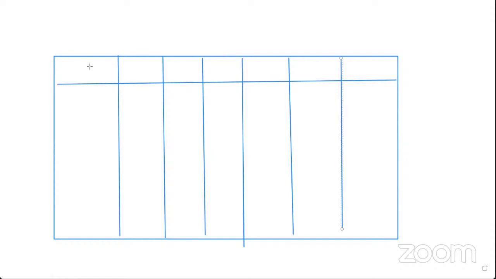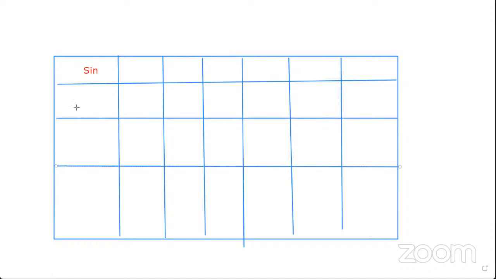Right. These are the angles you want to remember. I just write the trigonometric values here. We'll first write here the sine, this will be cos, and here we'll write the tan.